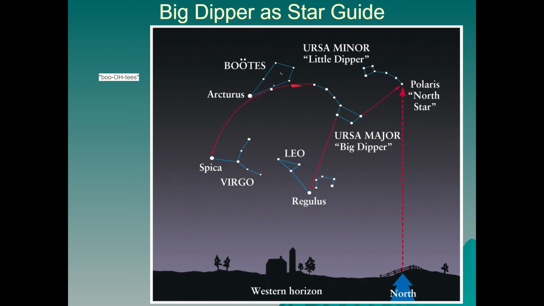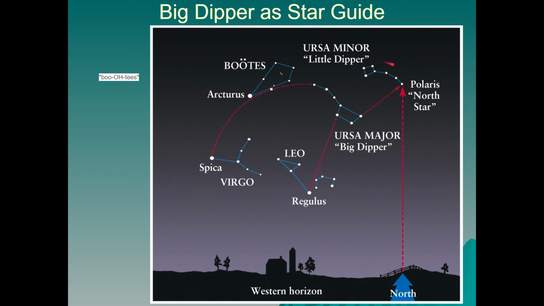Arcturus is an arc, just like a booty would be, and that's how to remember that Arcturus is in Boötes. Then you continue following the arc down till you spike it down to Spica in the constellation Virgo. The only way I remember those: Spica is just 5 letters, so is Virgo. Spica in Virgo. So now we have 4 constellations and 3 different stars.